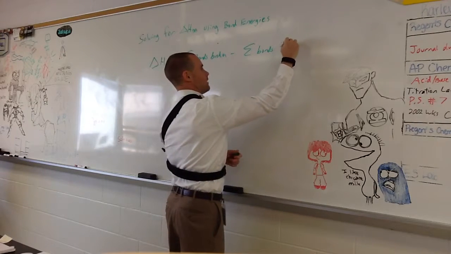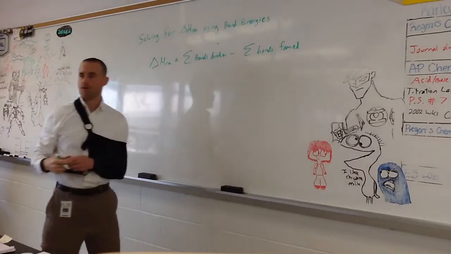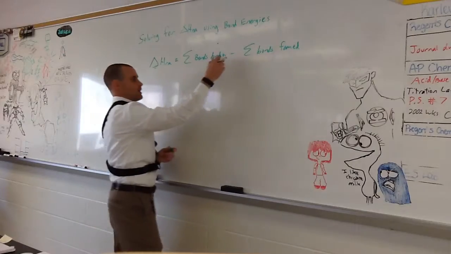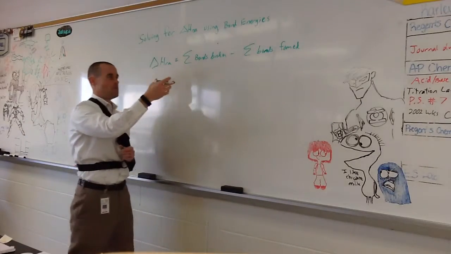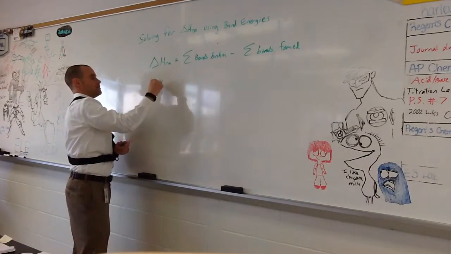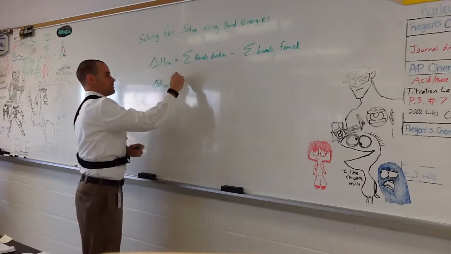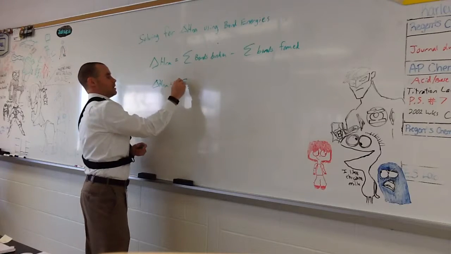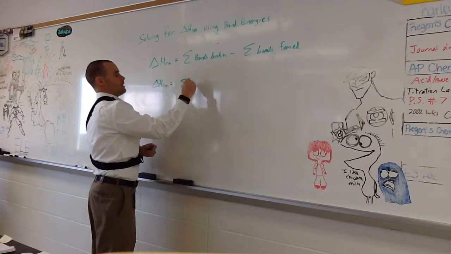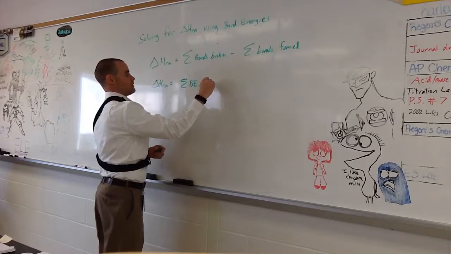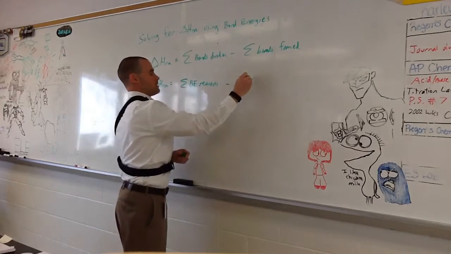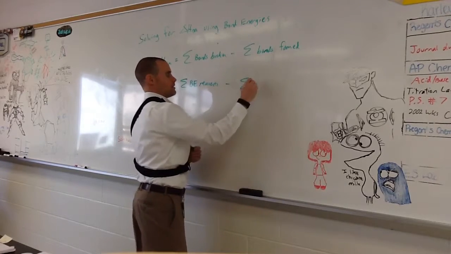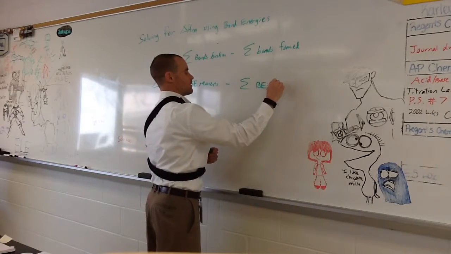When I say the sum, it means the sum of, if it's more than one reactant, more than one product. And I'm not putting the bond energy in here, so I'm assuming that's what we mean. The other way to write that, which is probably more accurate, would be the sum of the bond energy of reactants, or bond enthalpy, minus the sum of the bond energy of the products.